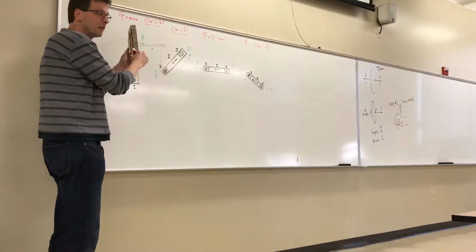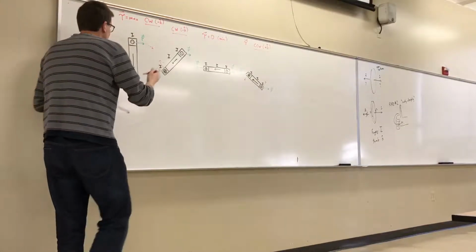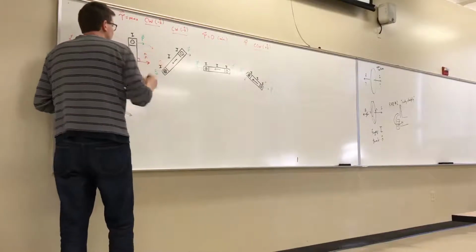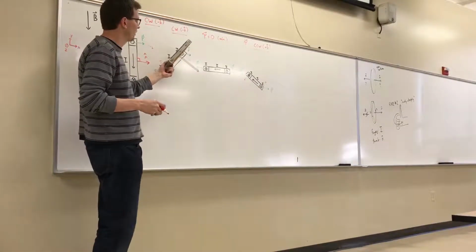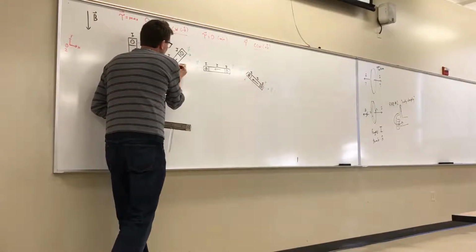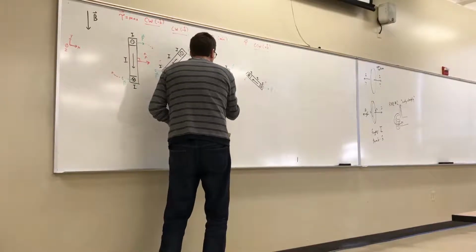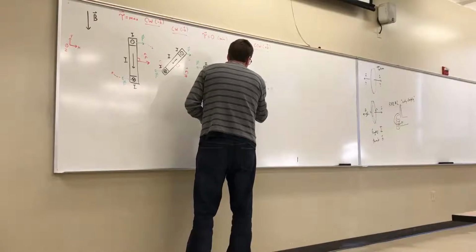Here is my diagram of this current loop with the normal vector. So looks like that. Remember, it's perpendicular to the entire plane of the loop. I'll draw it in here like this. I'll draw it in here like this. And I'll draw it in here like this.